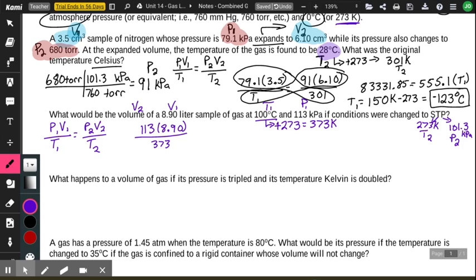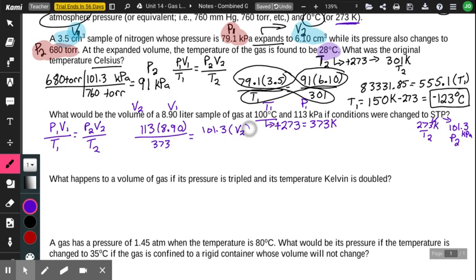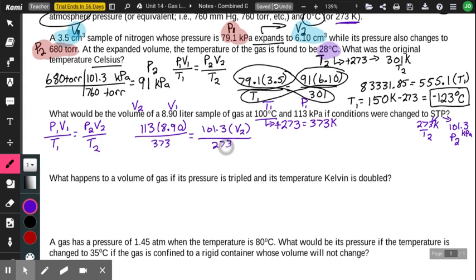Okay, now that's going to equal my pressure 2, which was at standard pressure, so 101.3, times my volume 2, which I'm solving for, divided by my temperature 2, which was 273. Cross multiply.